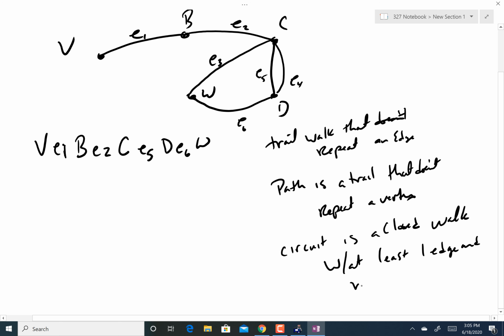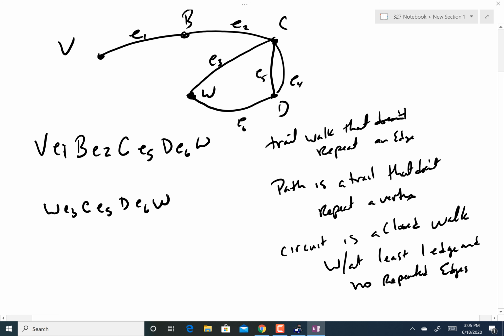So for instance, I could go W, E3, C, E5, D, E6, W. That is a circuit. Okay?